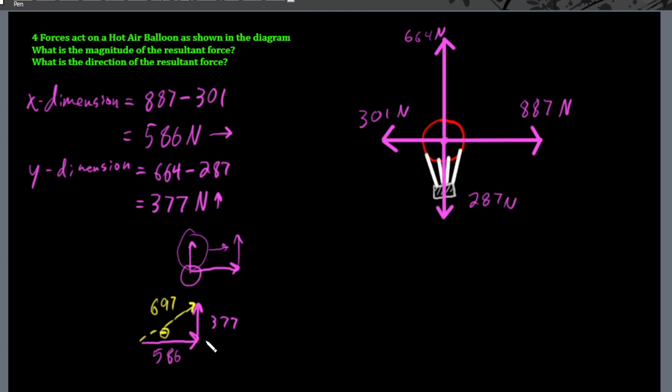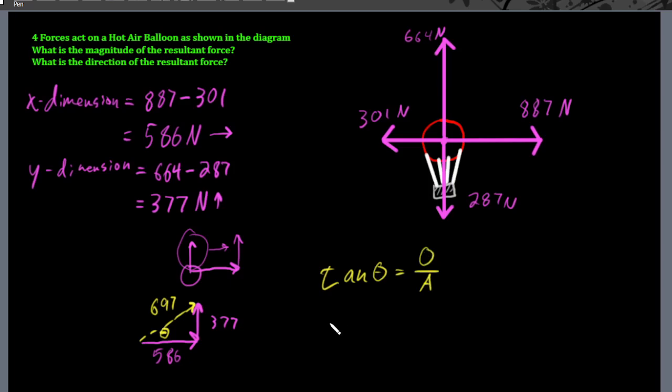I want to use our two originally calculated sides, 377 and 586. Those are the opposite side and the adjacent side from our angle theta. Usually you know that tangent of theta is equal to the opposite over the adjacent side.